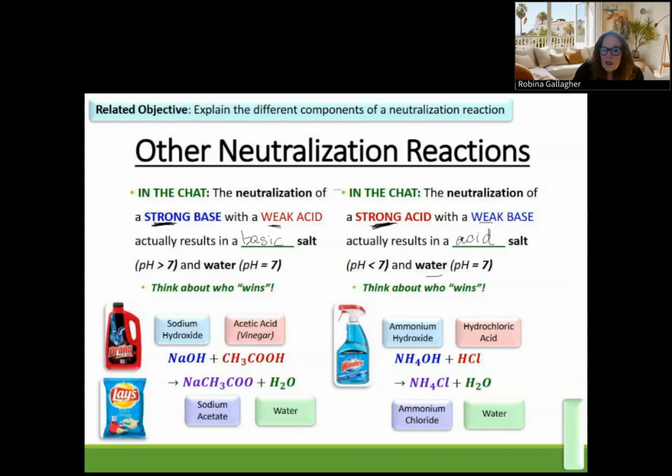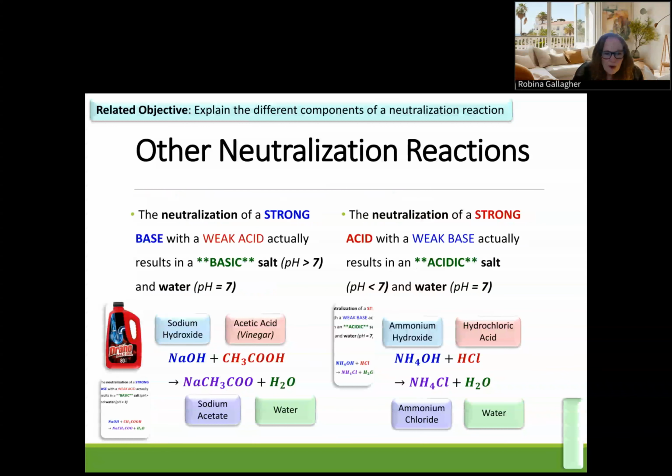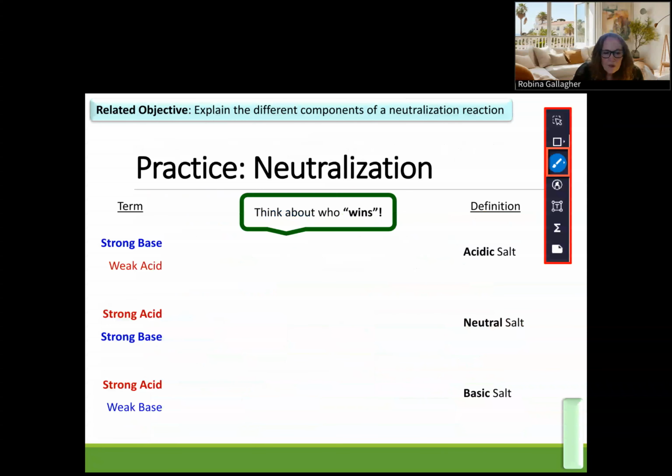And a strong acid and a weak base gives an acidic salt and water, okay? So with that, I'm going to give you these annotation tools, and I want you to match up the neutralization reactants on the left with the product on the right. What do you guys think?